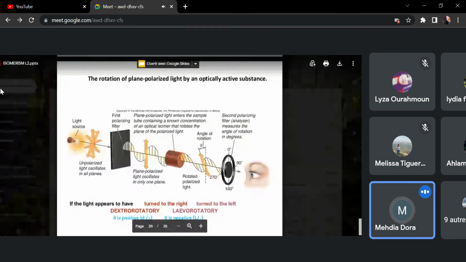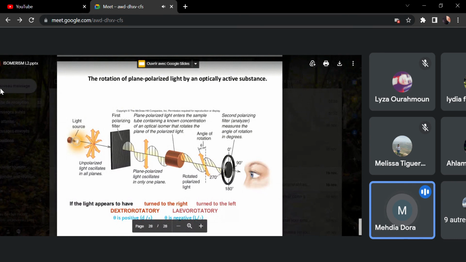And when it's negative, it means that the compound or the isomer rotates the plane of light counterclockwise, and it's called levorotatory. It's really important to know about this optical activity, to use it in the pharmaceutical industry and biochemistry for manufacturing some drugs and some optical isomers too.